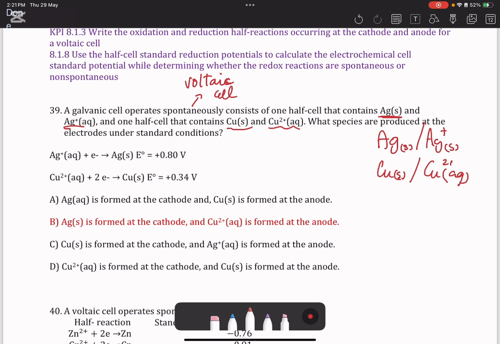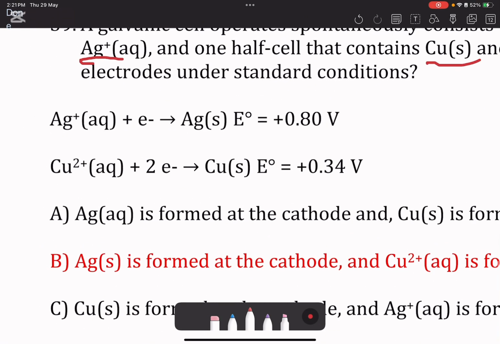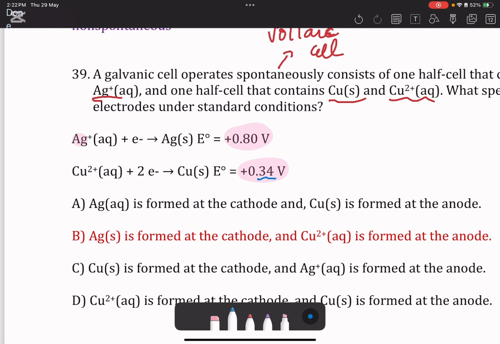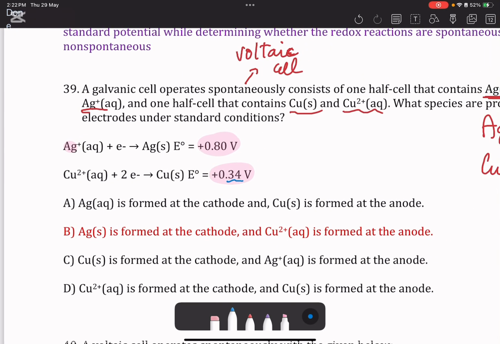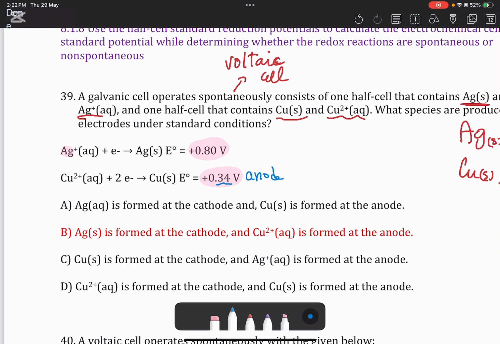Now, let's focus on the given values, the standard reduction potential given to you over here. You look at the values of the standard reduction potential. The one that has less voltage is the one that is going to operate at the anode. And the one that has a higher voltage, it's the stronger oxidizing agent. So Ag plus is a stronger oxidizing agent, and it's going to operate at the cathode.